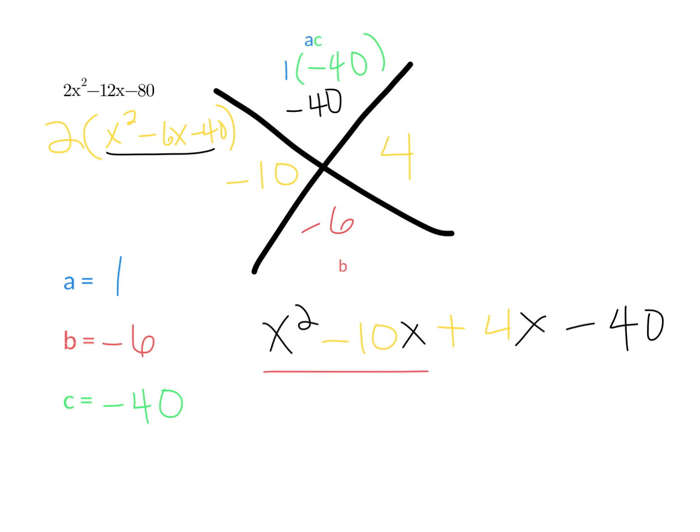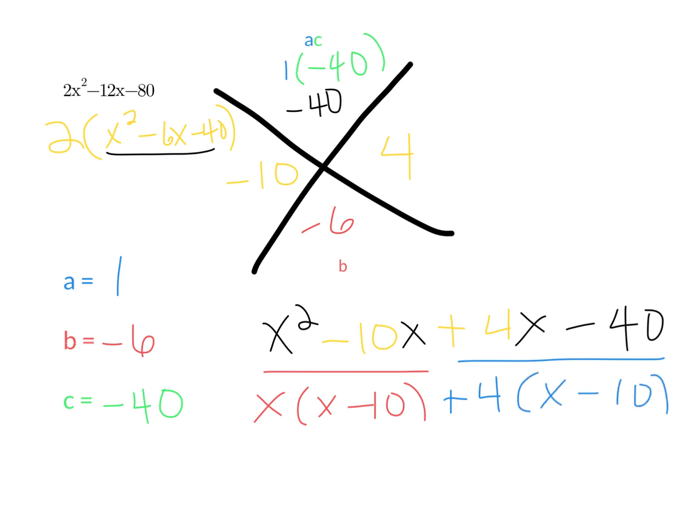When I group my first pair of terms, the greatest common factor between x squared and 10x is x. When I pull out the x, I'm left with x minus 10. My last pair of terms, 4x and negative 40, share a common factor of 4, so I pull out the 4, and I'm left with, again, x minus 10.